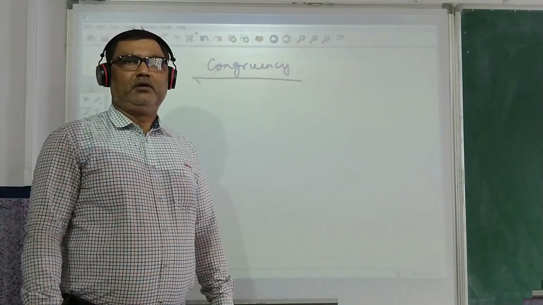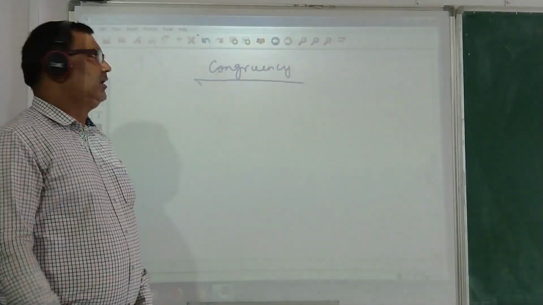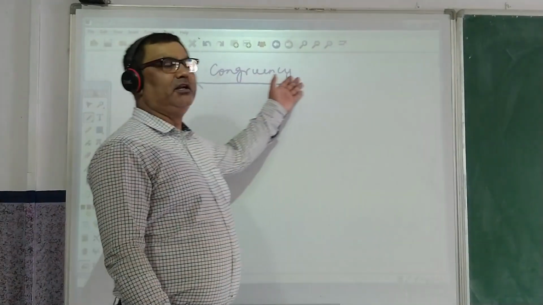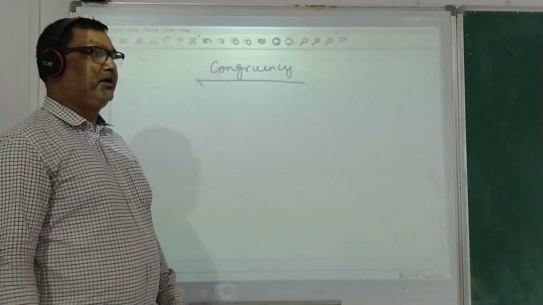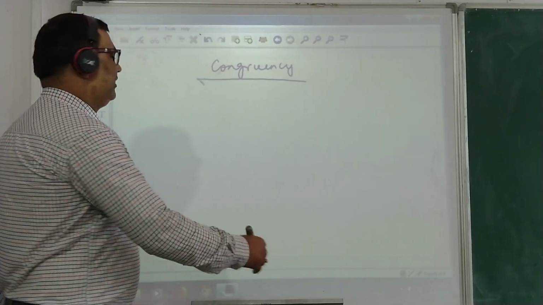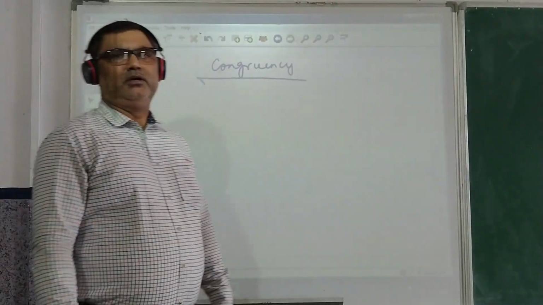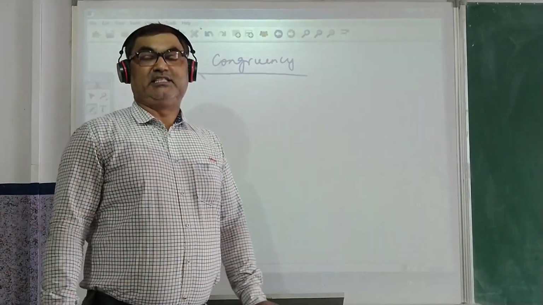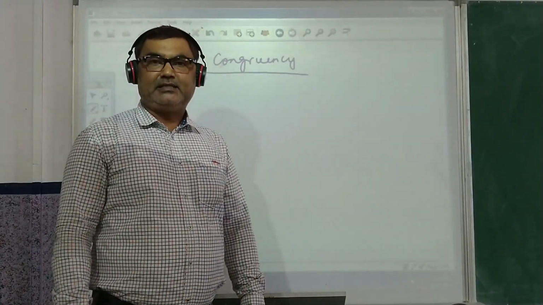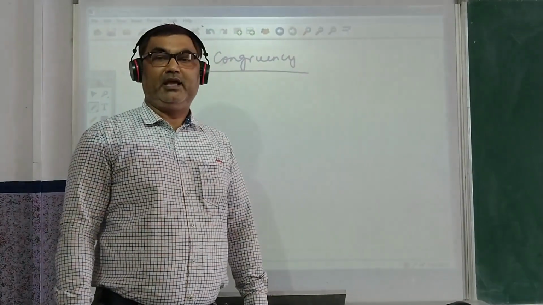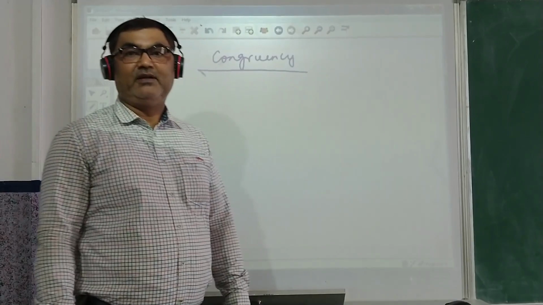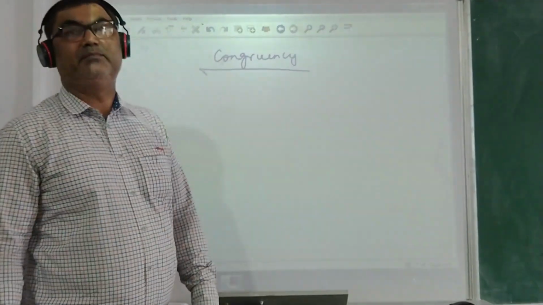Now, my dear, I am going to start congruency. Two geometrical figures, especially triangles, are said to be congruent if they have the same shape and same size.